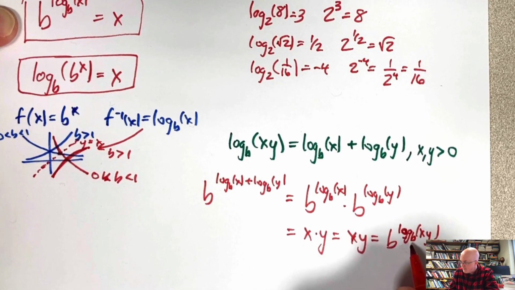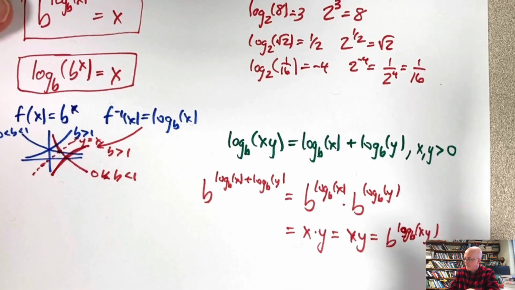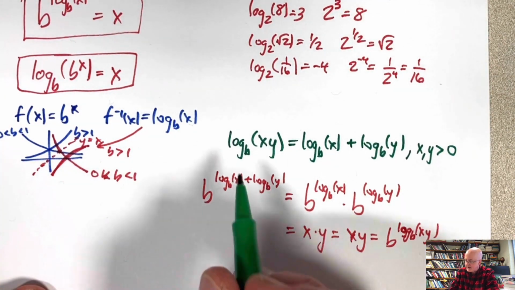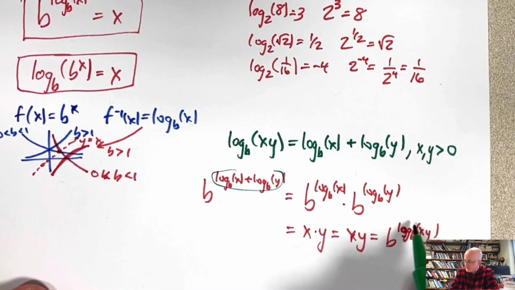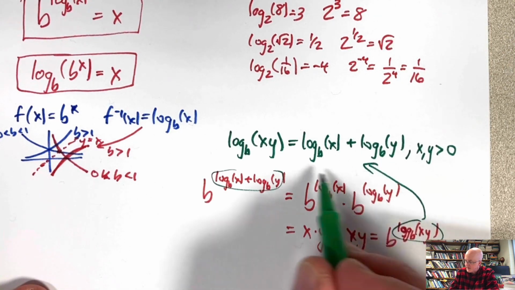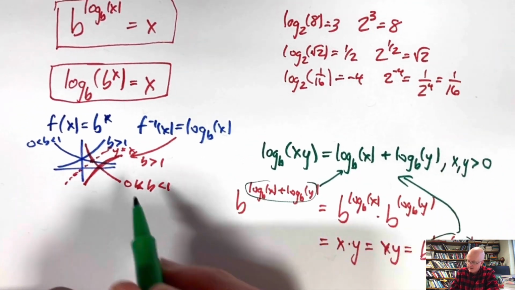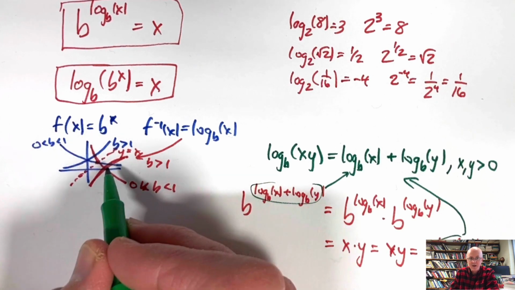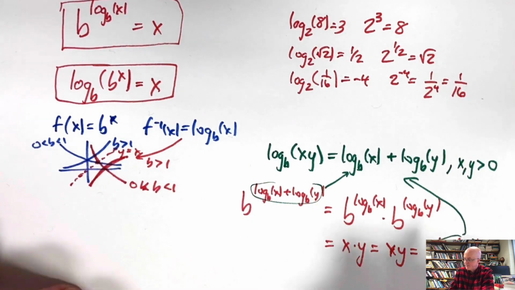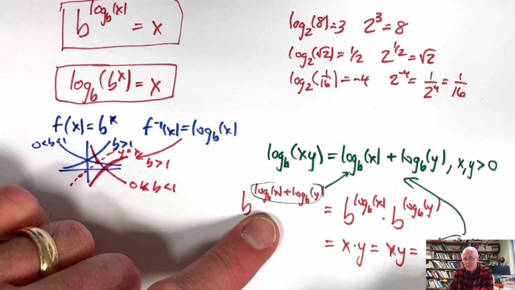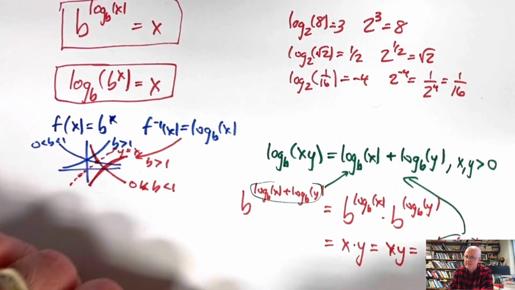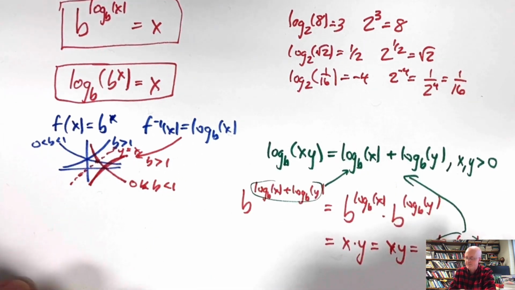Log base b of x times y. Technically speaking, to now get to the final conclusion that these exponents must be equal, we also do need the fact that b to the x power, when b is bigger than 1 or between 0 and 1, is a one-to-one function. We've got these two outputs being the same, therefore the inputs must be the same. That would allow us to conclude this.